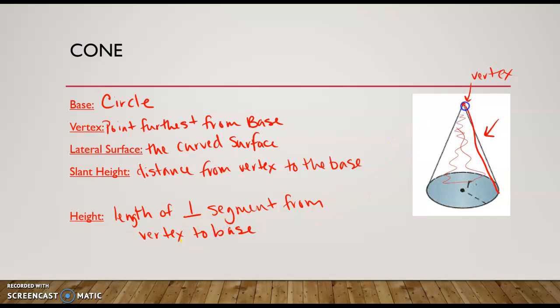So, from a cone, if we were to drop a line straight down, this is our slant height, whereas this one is just our height, or I would call it our perpendicular height. And so these are the different pieces of a cone.